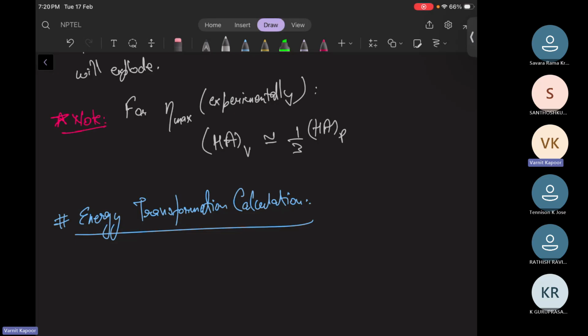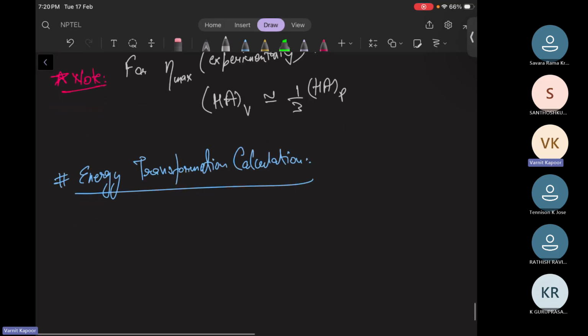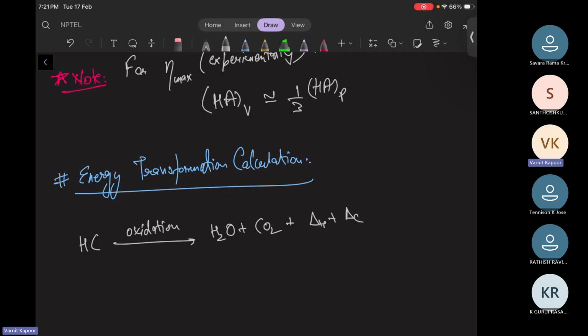That is, you are doing the oxidation of that hydrocarbon. So we have a hydrocarbon, you do the oxidation, and in the output you get H2O and CO2 plus some calorific value of hydrogen plus calorific value of carbon.